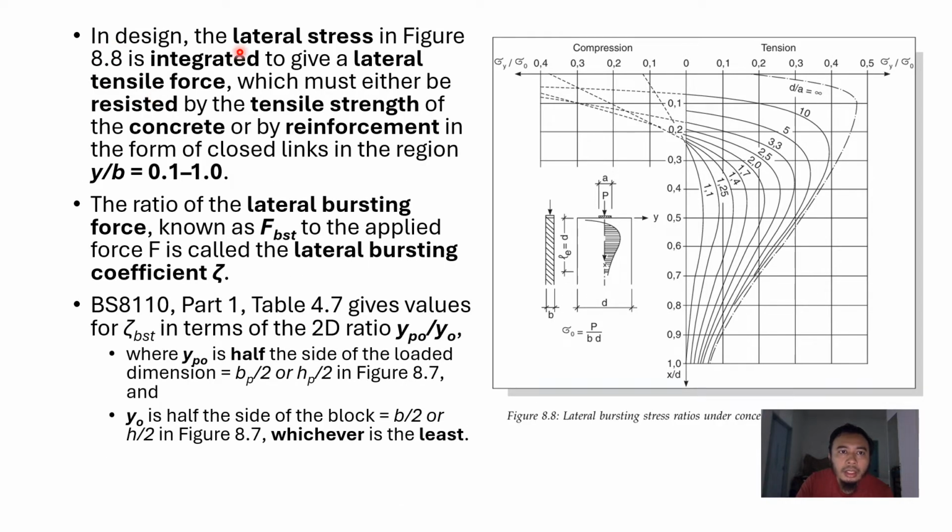In design, the lateral stress in figure 8.8 is integrated to give the lateral tensile force, which must either be resisted by the tensile strength of the concrete or by reinforcement in the form of closed links in the region of 0.1 to 1.0 of B. If your B is 200, then the region is between 200 times 0.1, which is 20, and 200.